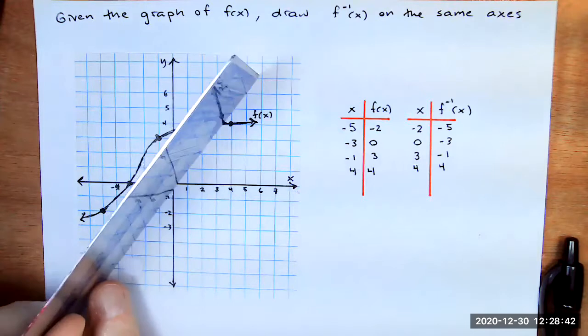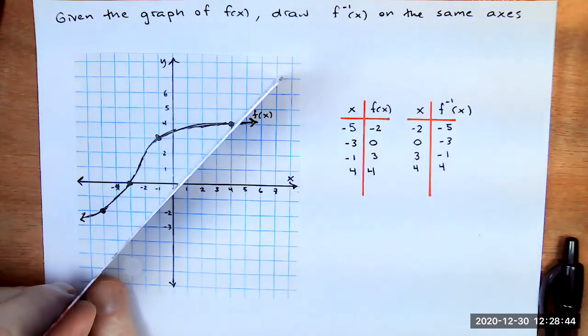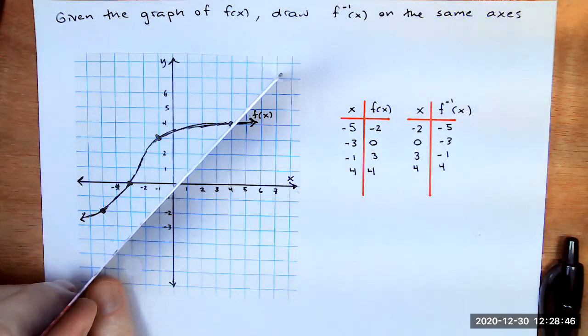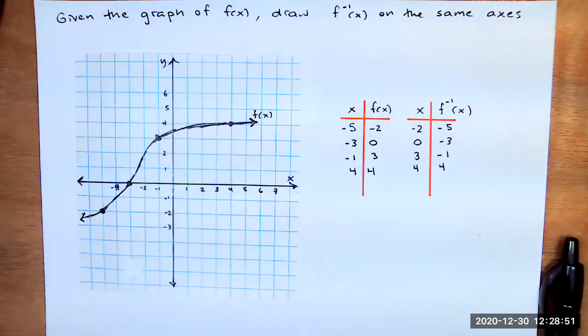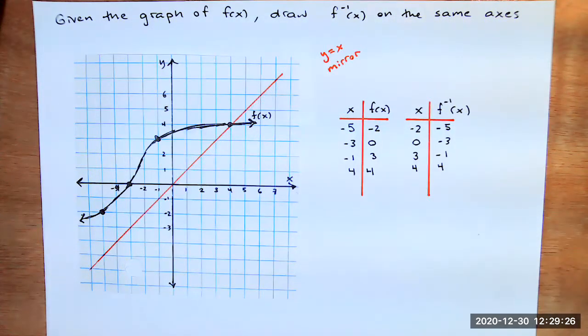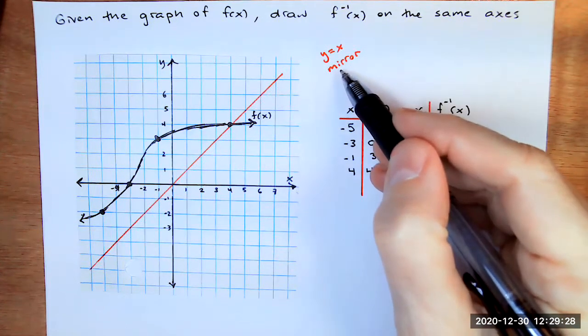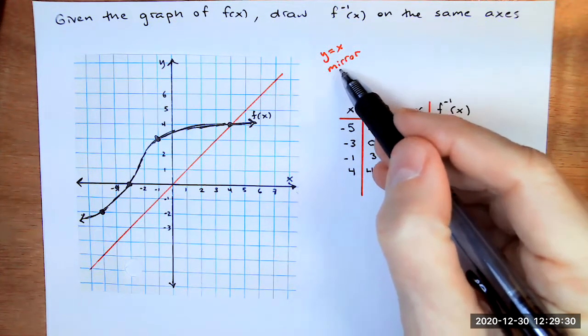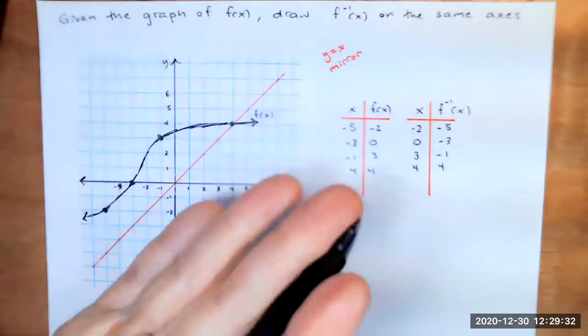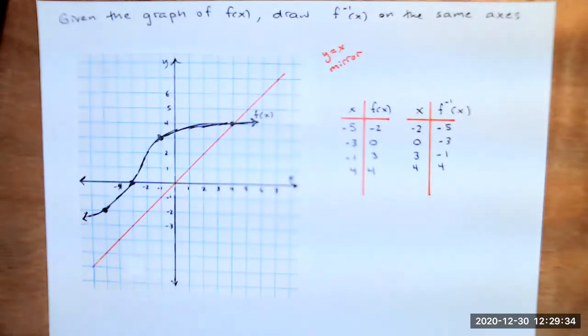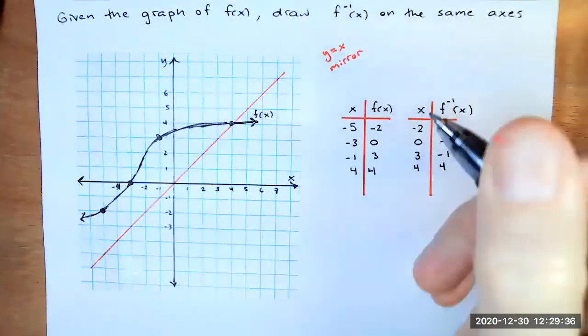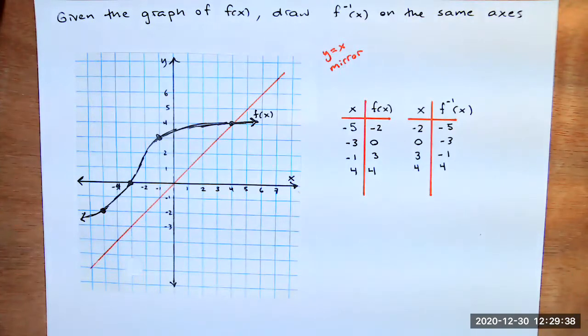And in fact, the point 4, 4 lies on the line y equals x. And if you wanted to, you could draw that line to help you. So you can think of the line y equals x as the mirror that the graph is reflected over. So the point 4, 4 is going to be the same on both functions.